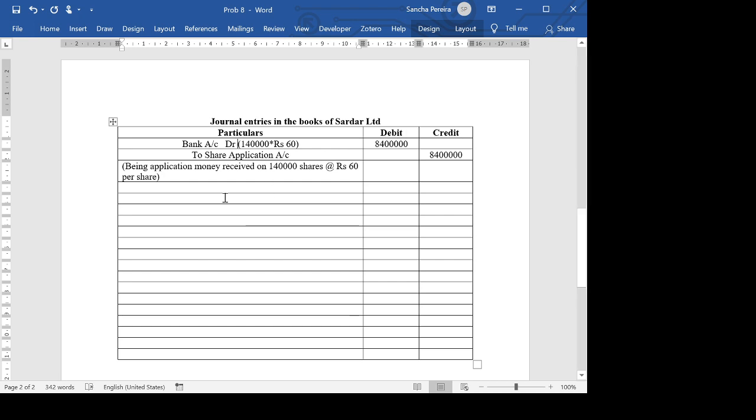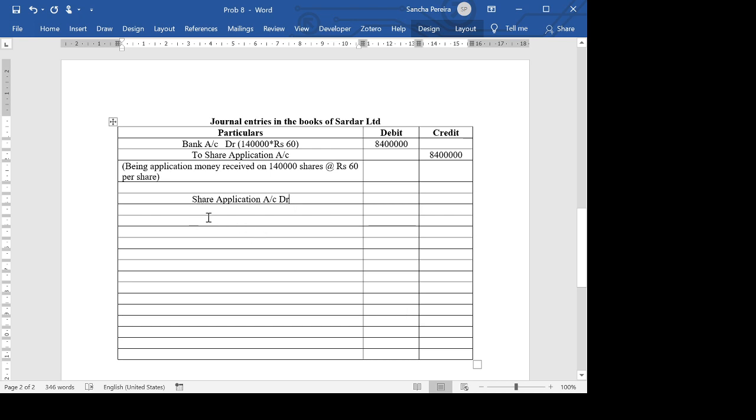Then the second one is transfer the application money to the share capital account. So share application account debit. Whenever we are doing this, always leave lines because the balance needs to come from the underwriters.